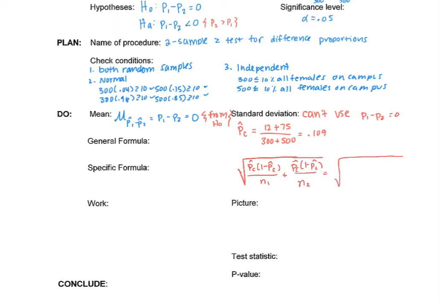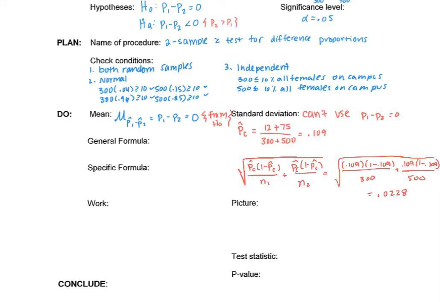We've got the square root of 0.109 times 1 minus 0.109 over our first sample plus 0.109 times 1 minus 0.109 over our second sample. And when you type that into your calculator, you get 0.0228. So that's our standard deviation.